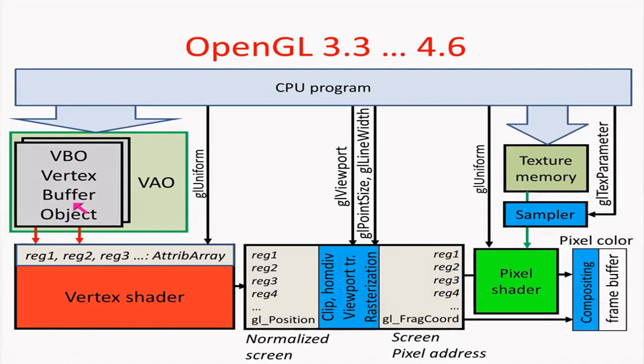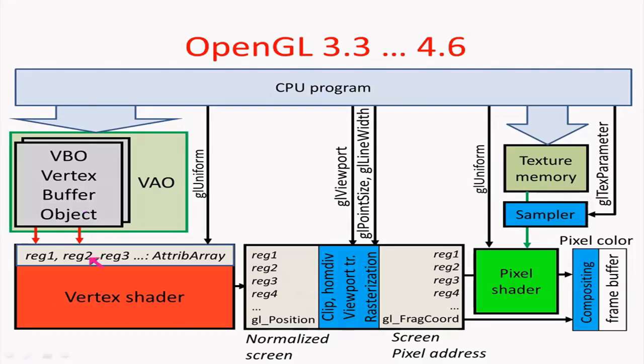For example, we can put coordinates in a single array and vertex colors in another. Different VBOs are encapsulated into a vertex array object, or VAO for short, that also stores information about how the data should be fetched from the VBO and sent to the input registers of the vertex shader.